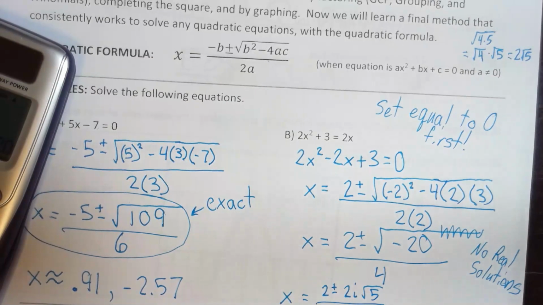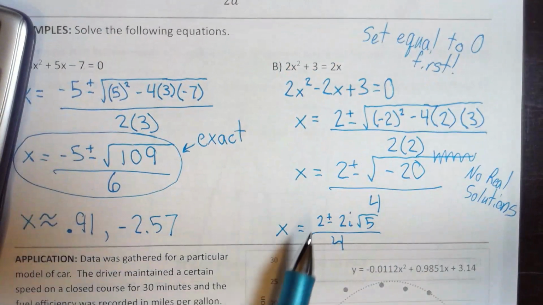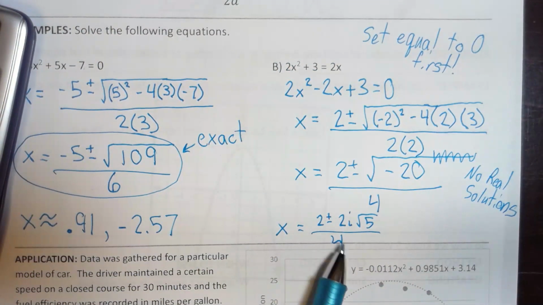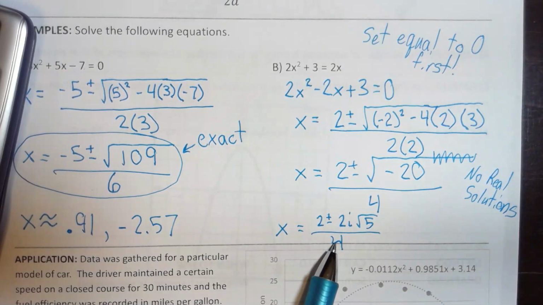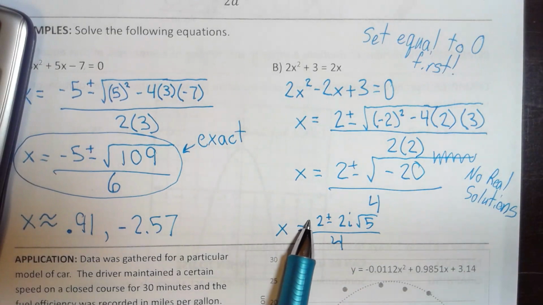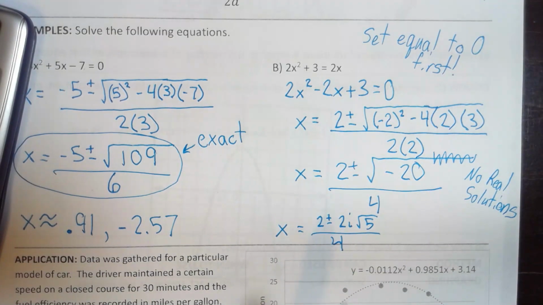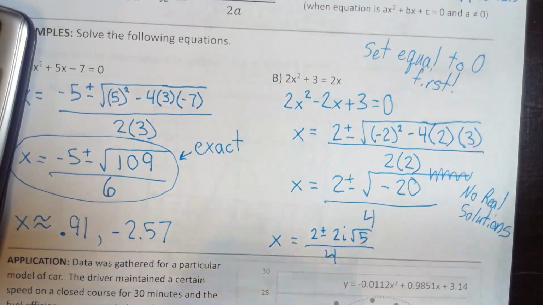Now, most of you are going to say, oh my gosh, Mr. Gibbs, that was too much. But what if I said there's more, right? Because I see that 2 divided by 4 is 1/2. We could factor out a 2 here, and we can rewrite this a little bit more. So I'm going to do that.